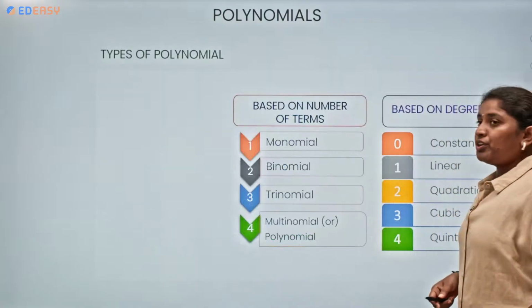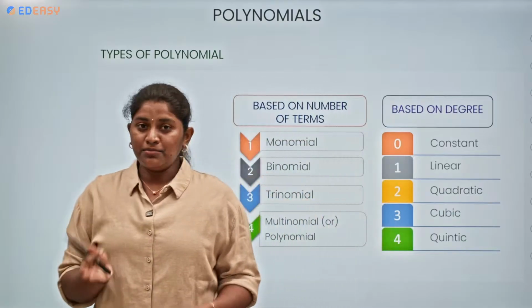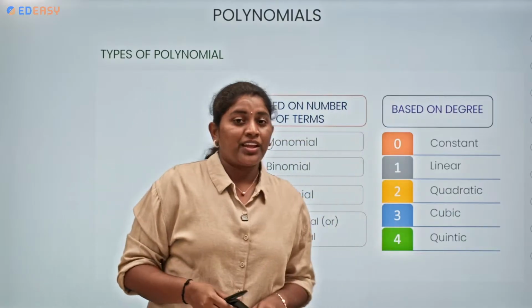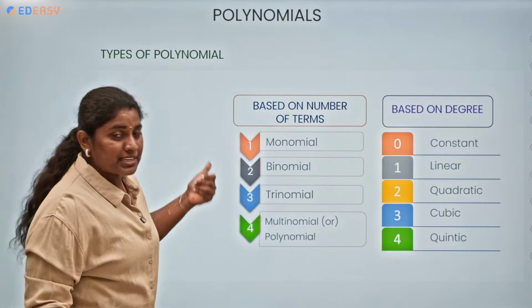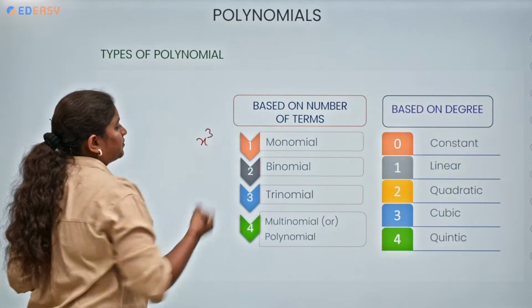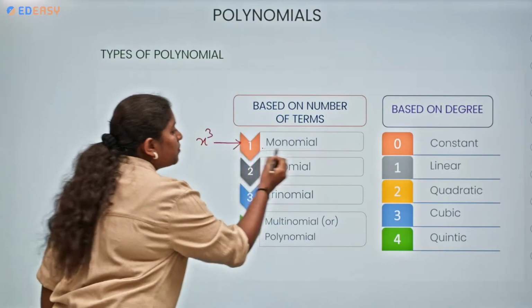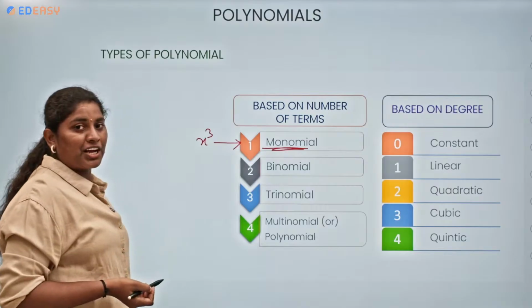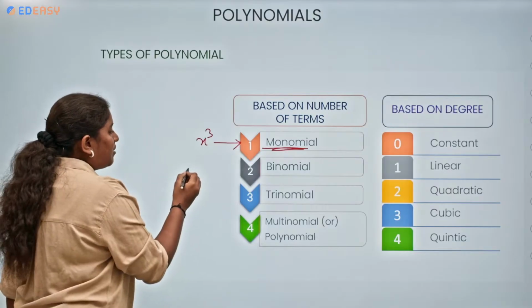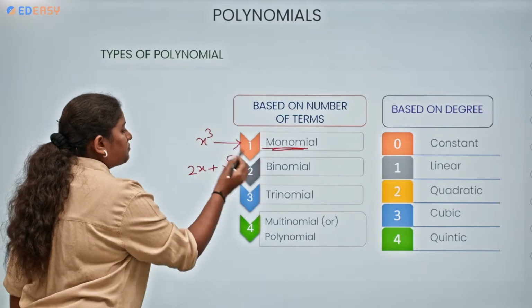Now moving to the next: types of polynomials based on terms and also based on degree. Number of terms: for example, if I am having only one term, take x cube, only one term is there, so we are going to consider it as a monomial. Okay, and next I am having 2x plus x to the power 5.